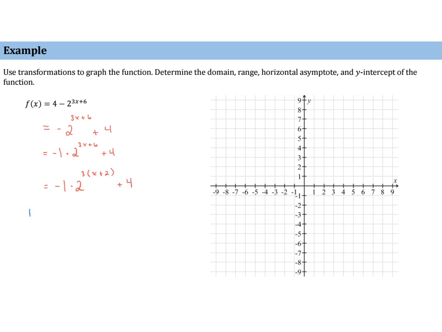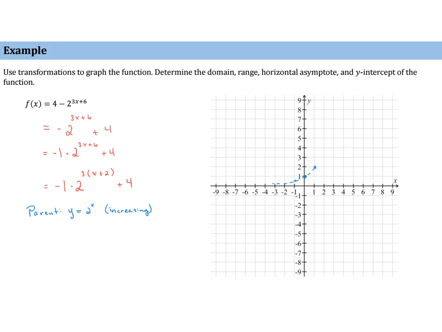So our parent function from our library of functions is y equals 2 to the x, which is increasing. Now that function will have the key points of 0, 1, 1, 2, and then -1, 1/2.